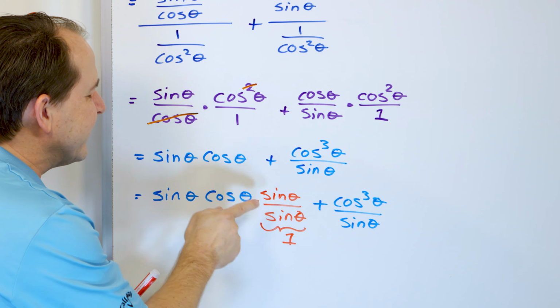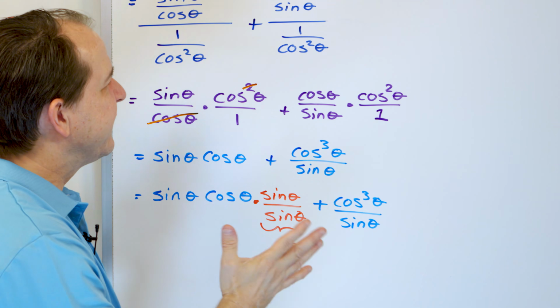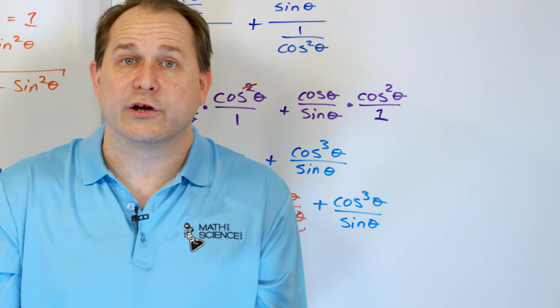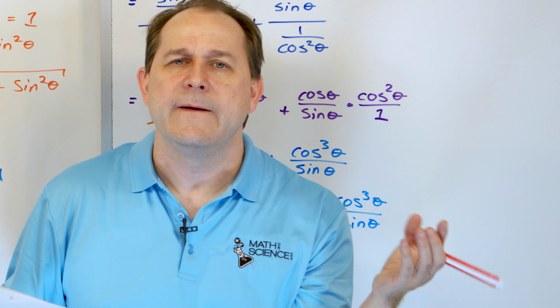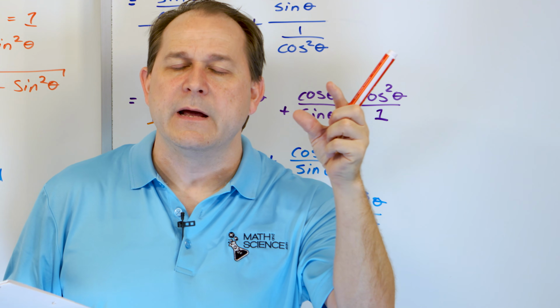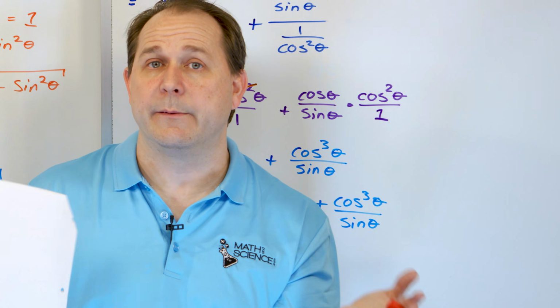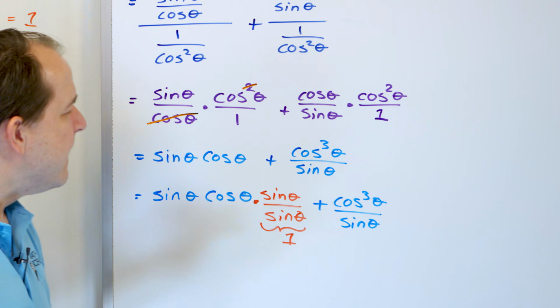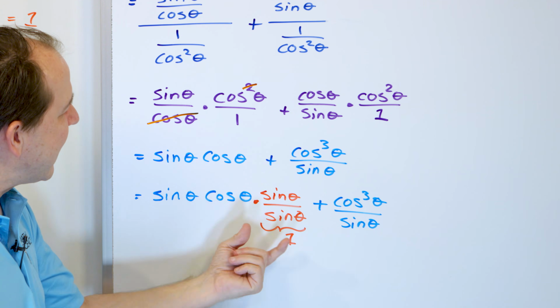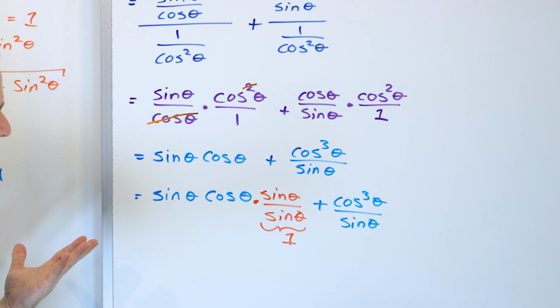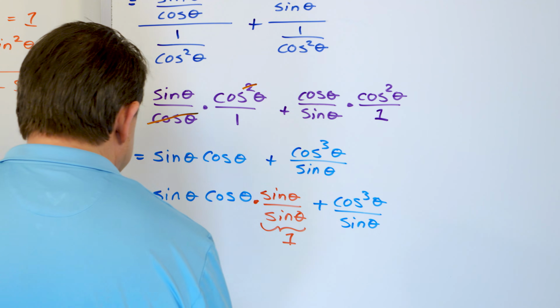But what I'm trying to do is get a common denominator. This is like fractions with regular numbers. You can multiply any fraction by any number you want, as long as you do it to the top and the bottom. I'm doing the same thing here, but instead of multiplying by numbers, I'm multiplying by sine over sine, which is multiplying by 1, which doesn't change anything, but it gives me a common denominator.